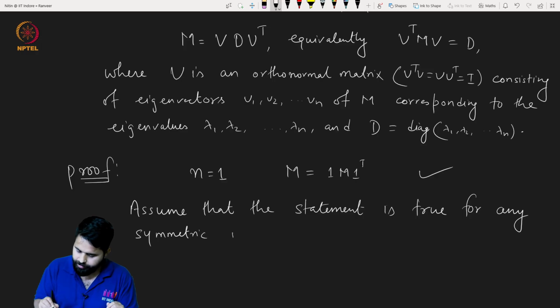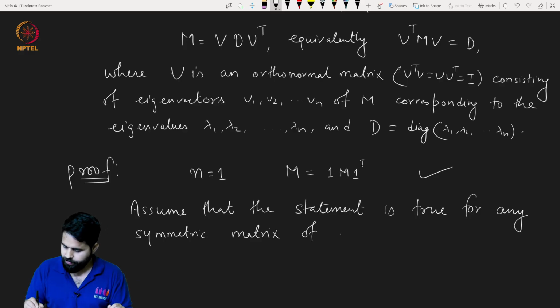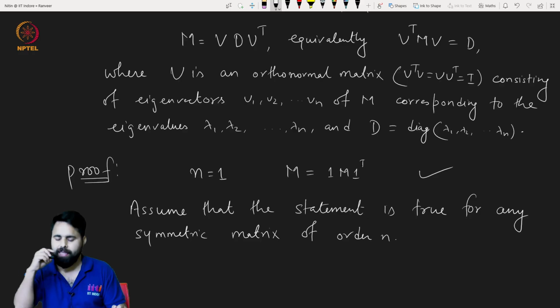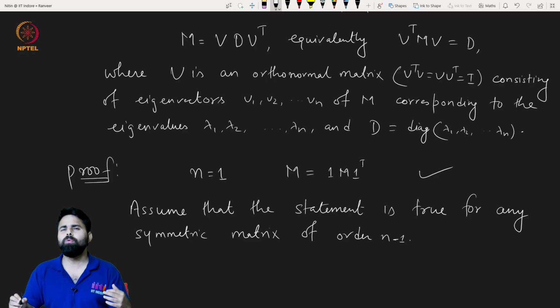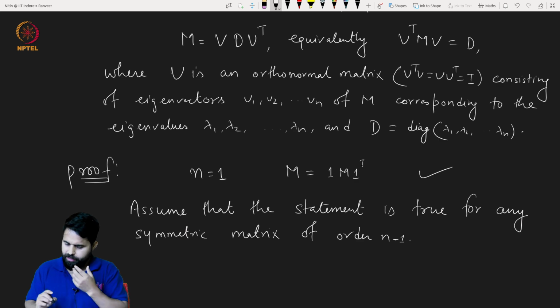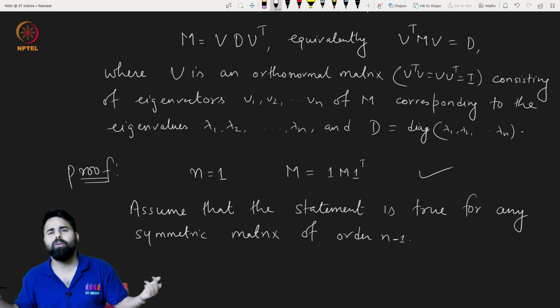Now let us take order n minus 1, and then we will prove for n. So that will be much easier. Any symmetric matrix of order n minus 1.